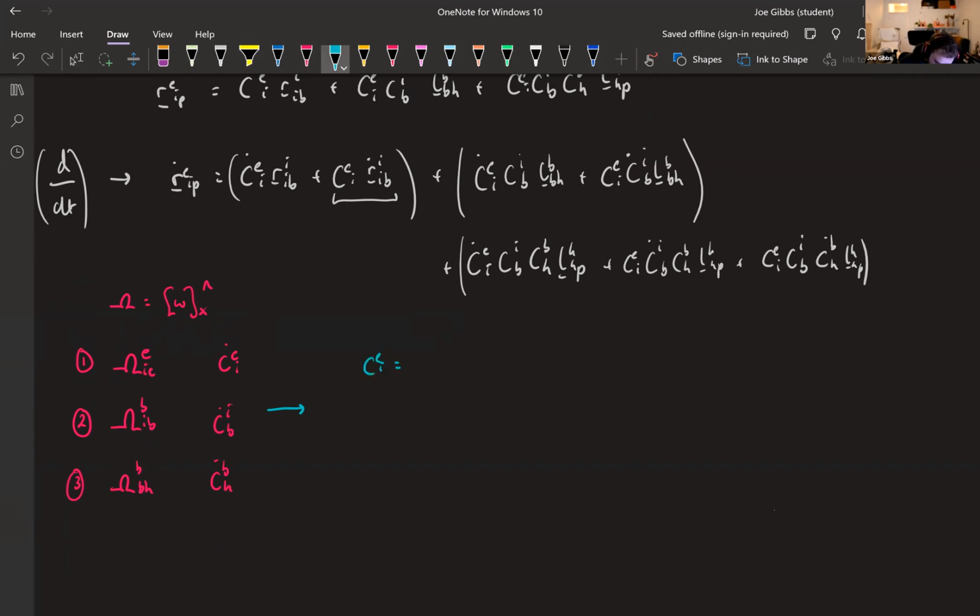So C dot IE is equal to, well, it's slightly different actually, minus omega, with a dot there. For number 2, which we did use last time, sorry, I got them mixed up, we have C dot IB is equal to CIB and then our angular velocity just here.